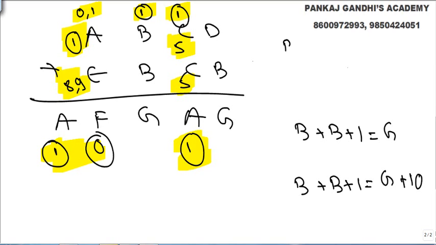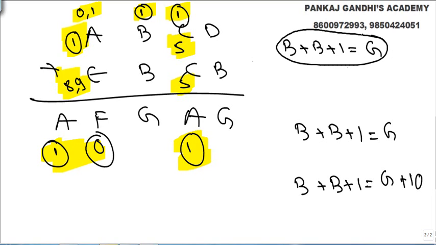Now, if I say B plus 1 is equal to G, then we'll be using D plus B is equal to G plus 10, which we just got.